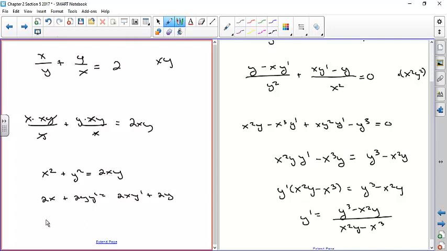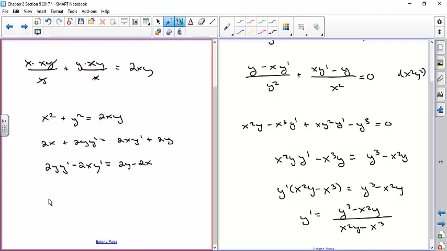Okay, so then you get 2y y prime minus 2x y prime is equal to 2y minus 2x. And then you factor out y prime, so y prime is equal to 2y minus 2x over 2y minus 2x, which is 1. Is that right? Yeah, okay. So that's how we got 1.